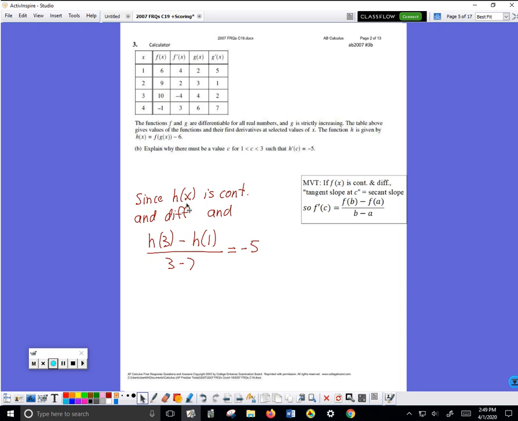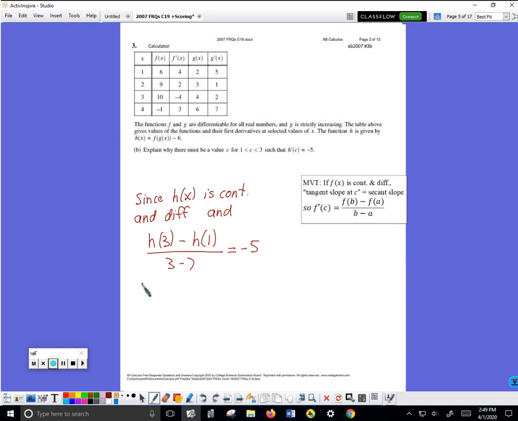Since h is continuous and differentiable, and this is equal to negative 5, therefore by the mean value theorem, h prime of some x coordinate must also equal negative 5 for that x coordinate lying somewhere between x equal 1 and x equal 3.